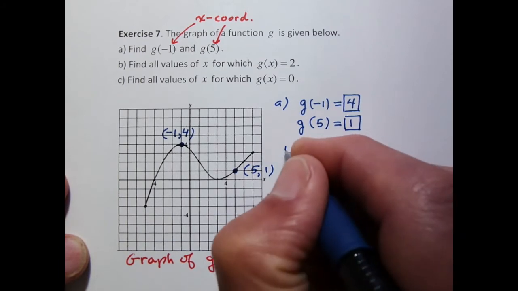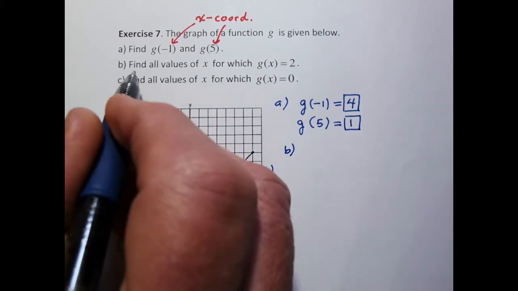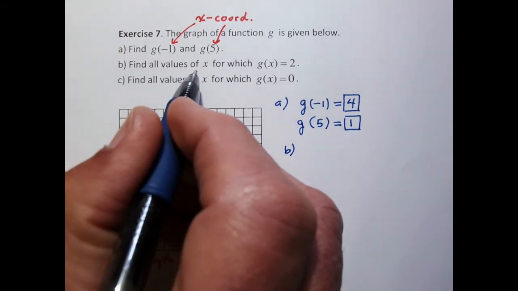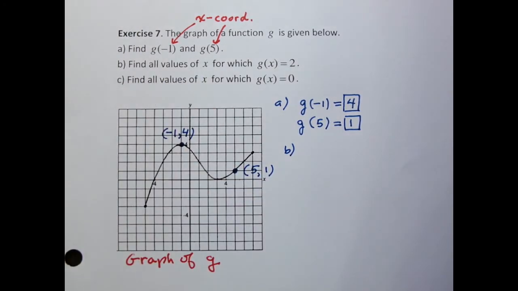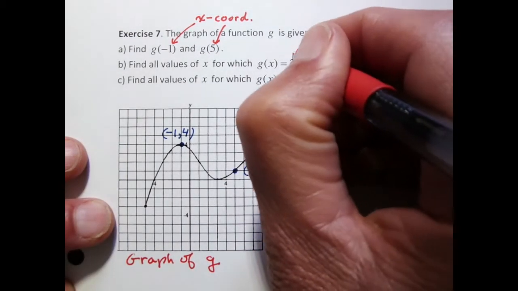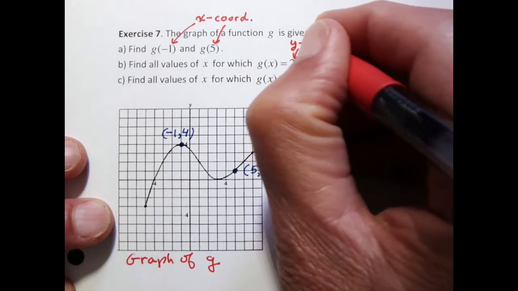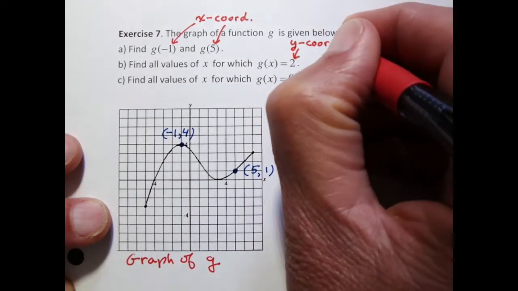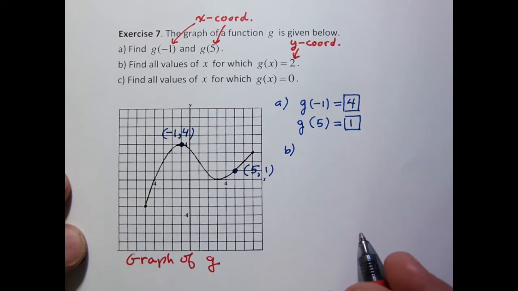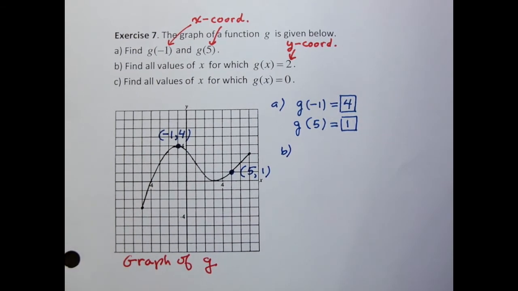So that's part A. Now in part B, it's a little bit different here. We're turning things around. Find all values of x for which g of x equals 2. When we say g of x equals 2, the 2 is a y coordinate. We're being given the y coordinates, and we're being asked to find the corresponding x coordinates.